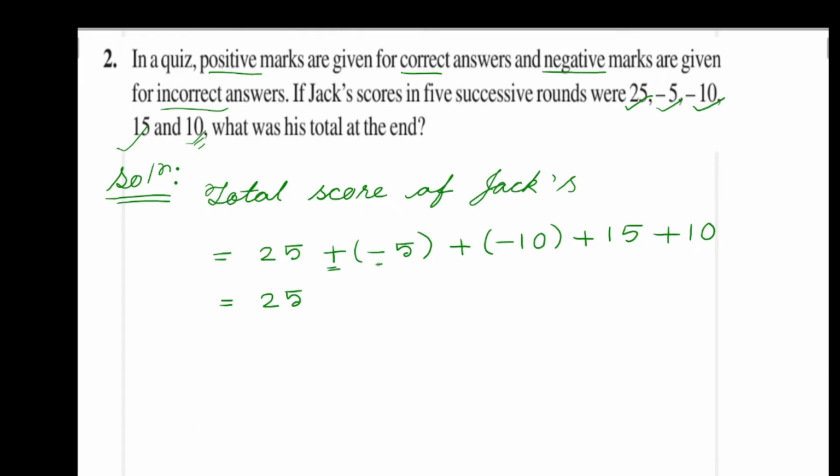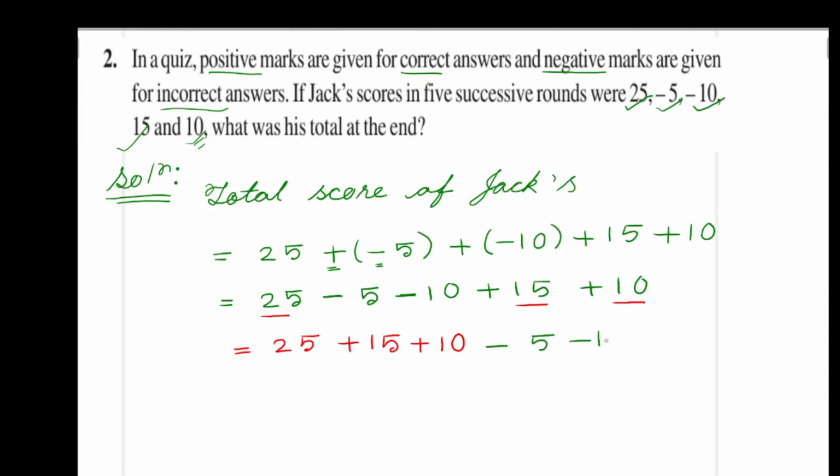How? Positive into negative, negative. Again here also plus into minus, minus 10 plus 15 plus 10. Okay. Now what to do? First we will write the positive numbers together. 25 plus 15, you can write 10 also, no problem, plus 10. Then minus 5 minus 10.